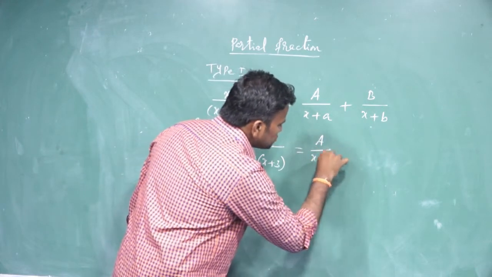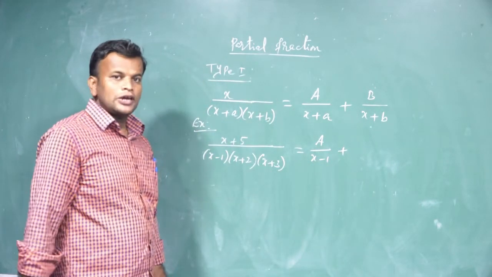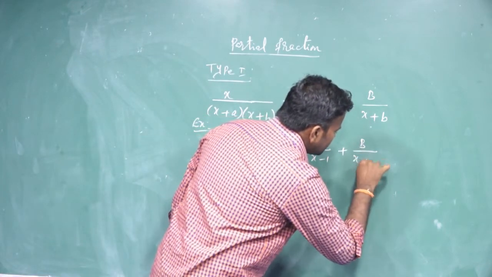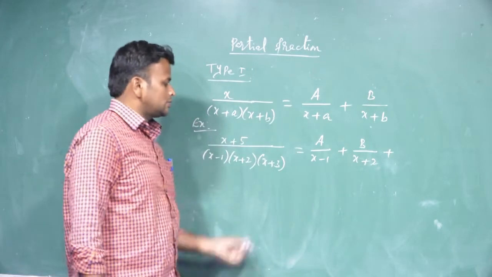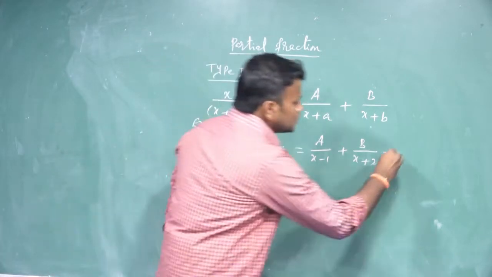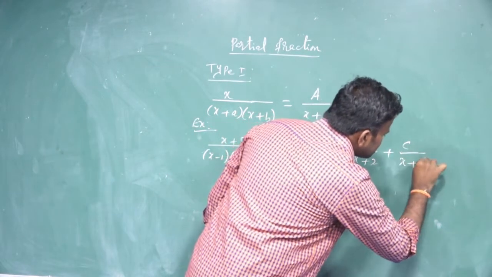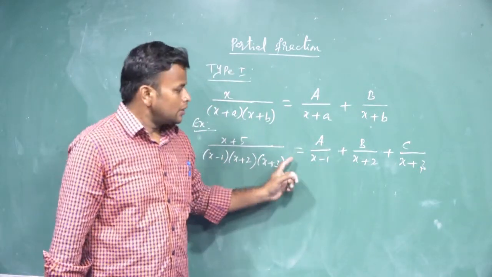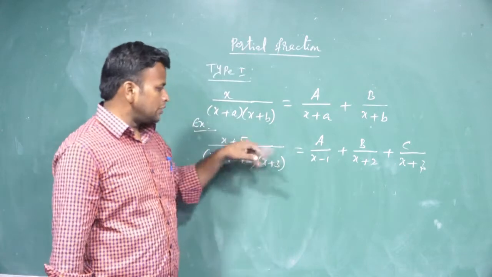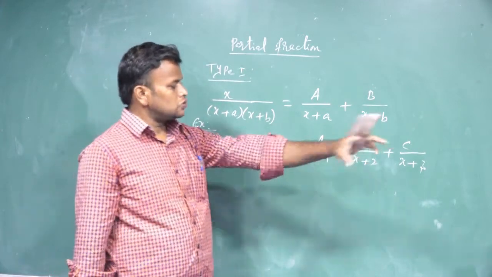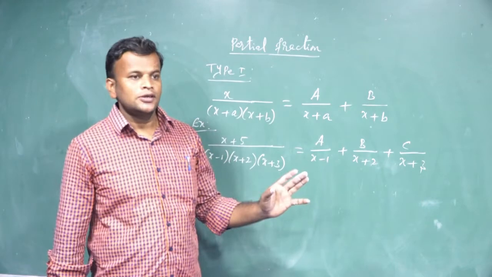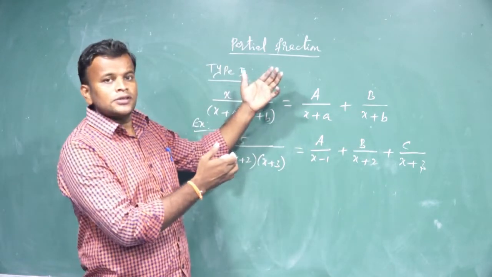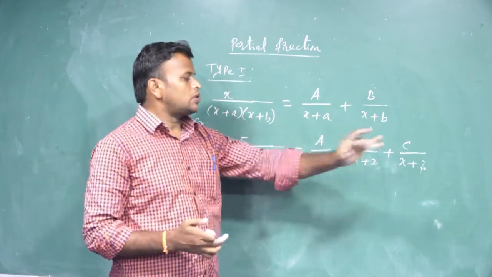So a by x minus 1, plus the second factor, x plus 2, b by x plus 2, plus the third factor, x plus 3, c by x plus 3. Then we cross multiply, or take the LCM. The denominators are cancelled, then there is a chance to find the constants a, b, c. So how to find the constants a, b, c? In the next sums, in integration, we see one by one.